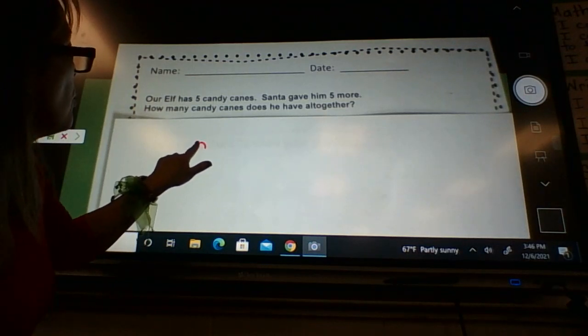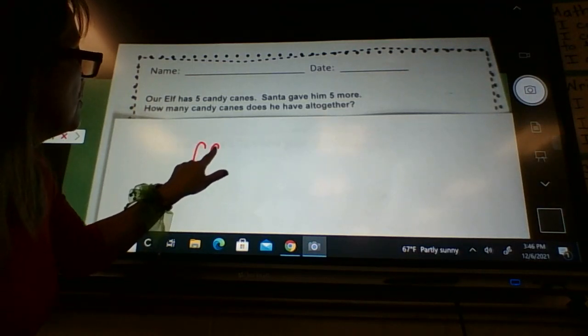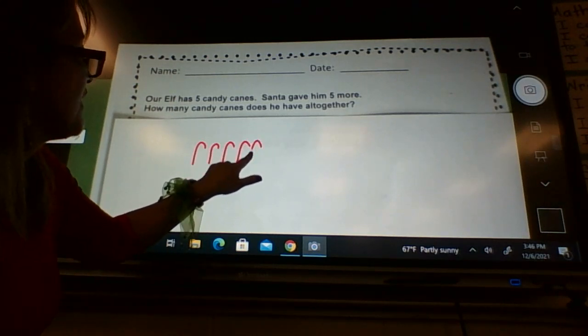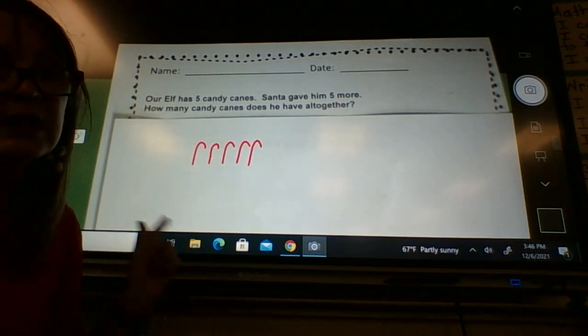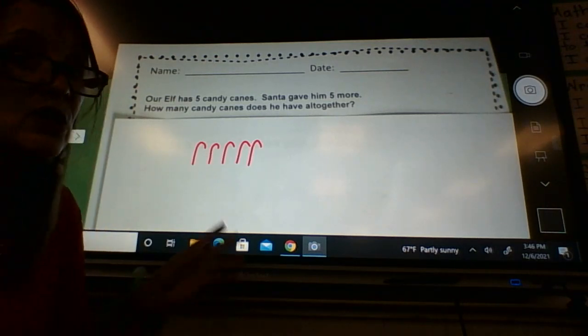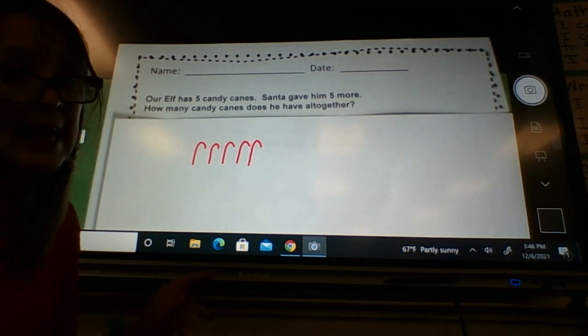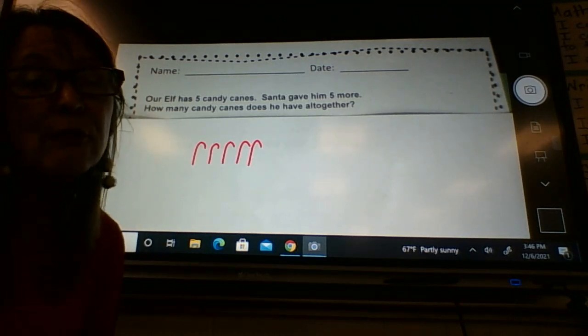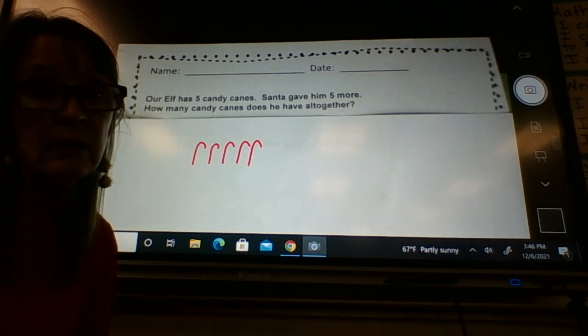So we'll go 1, 2, 3, 4, 5. So I know that this is what the elf had to begin with. At the beginning of the story, he had 5 candy canes. Then Santa gave him 5 more candy canes.